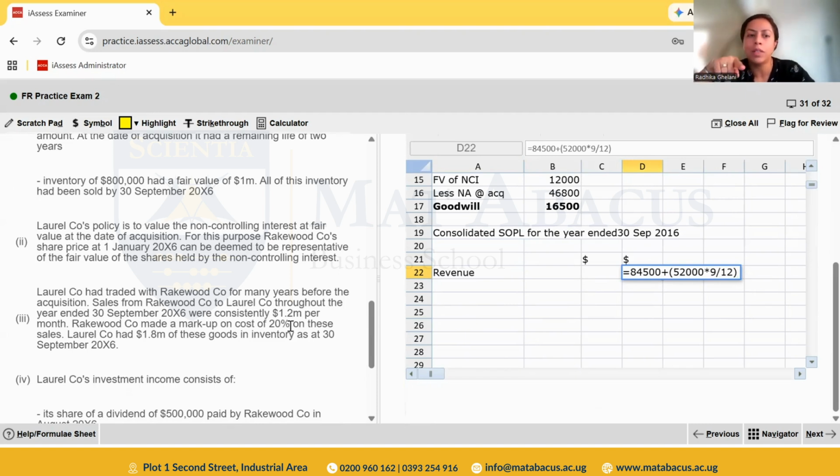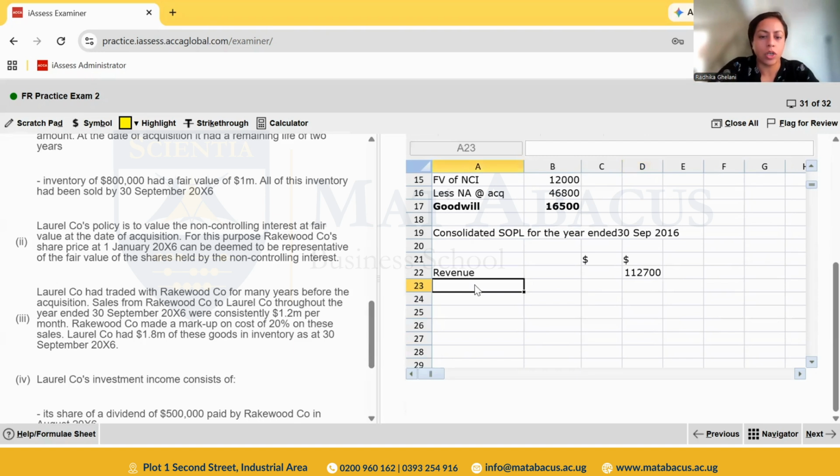That means 9 months times the 1.2 million would be the intercompany trading. So minus 9 months times 1.2 million a month. That gives us sales of 102,700 after adding both parent and 9 months of the subsidiary and subtracting the intercompany trading.